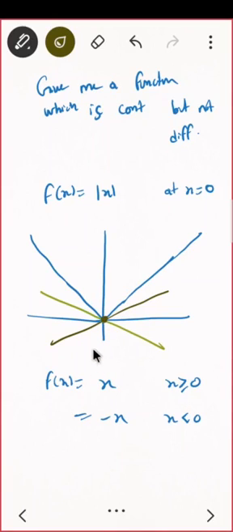And if I say all the straight lines passing through the origin are tangents for this, then is the limit unique here? I am able to find so many tangents. So graphically, to check differentiability, you should make sure that there is not any edge.